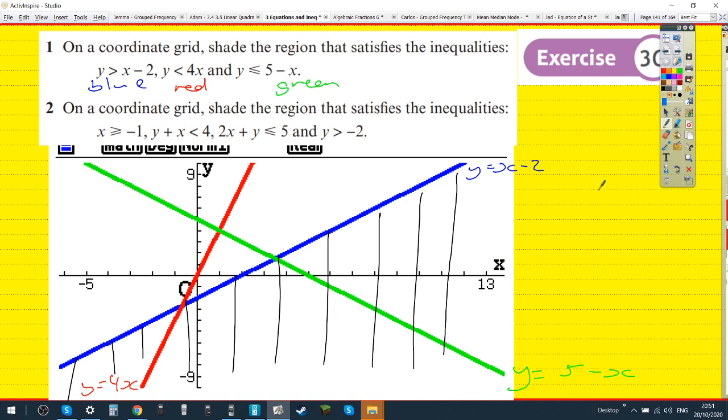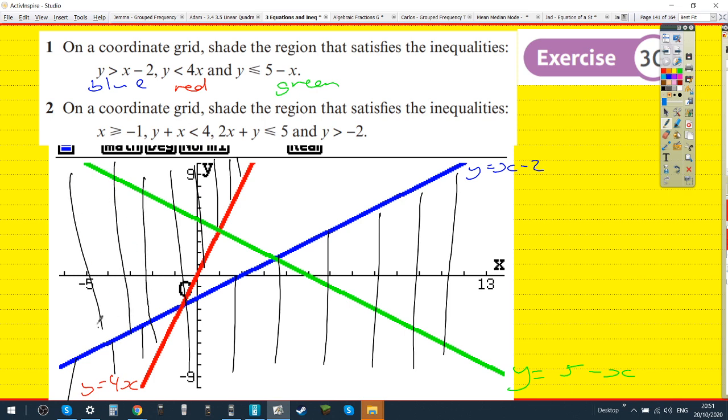So we get rid of anything that's more than 4x. Which one is that? Is that anything on the left of the red line? Yes. Anything above the red line. It's the same thing.